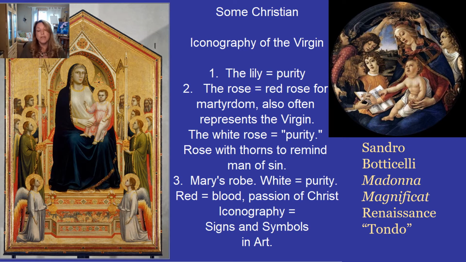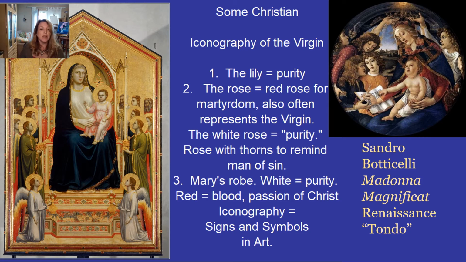A rose with thorns to remind men of sin, and Mary's robe was usually white for purity, red for blood, Passion of Christ also, and sometimes she's shown in blue as Queen of Heaven, and so it's sometimes a very rich blue. And so that was also something that was often part of Mary's iconography.